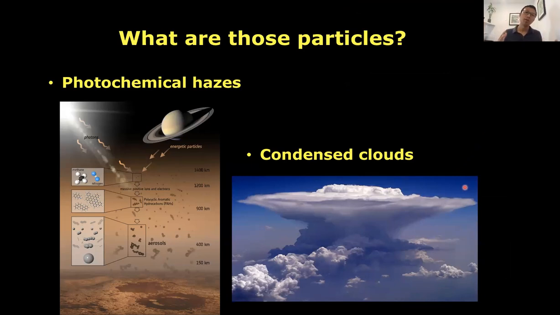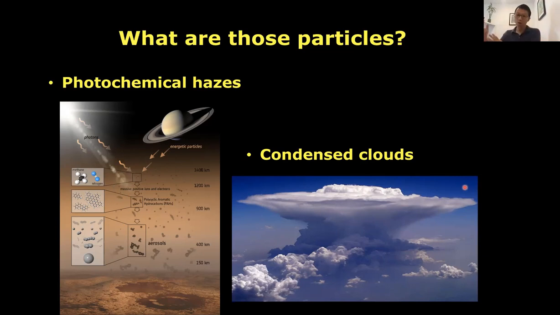One of them is secondary organic aerosols, as you can think about on Earth. They're photochemically or chemically produced from gases in the atmosphere through very complicated chemical reactions. And then they coagulate and sediment, grow, become big and suspended in the atmosphere. They're called photochemical hazes.